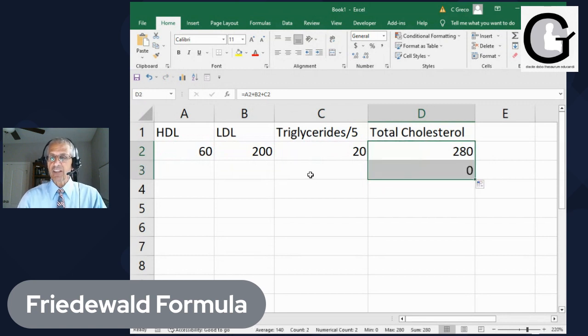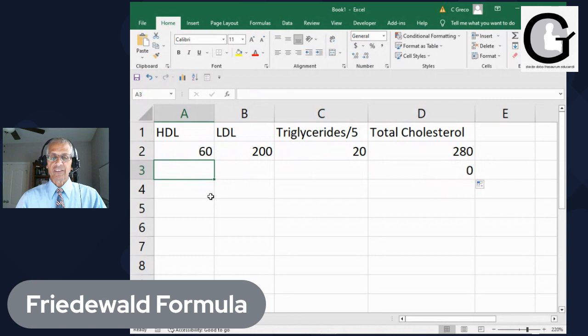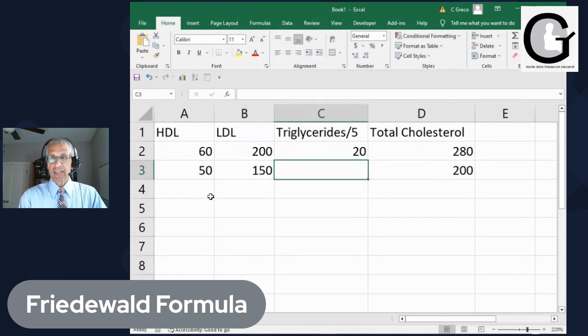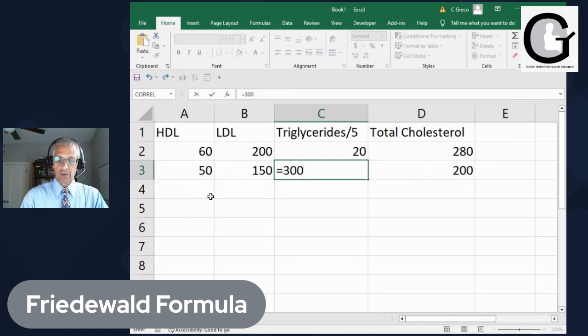Now let's say that your HDL is 50. Your LDL has lowered down to, let's say, 150. Your triglycerides kind of raised, so let's say it's going to be 300 over 5.